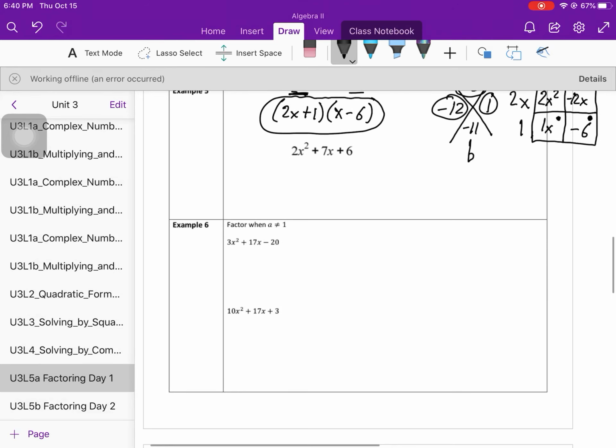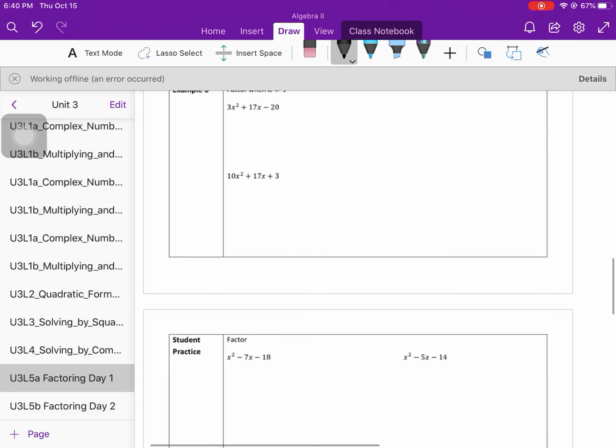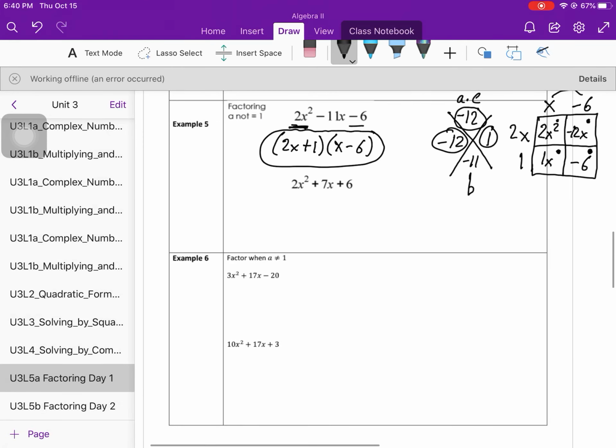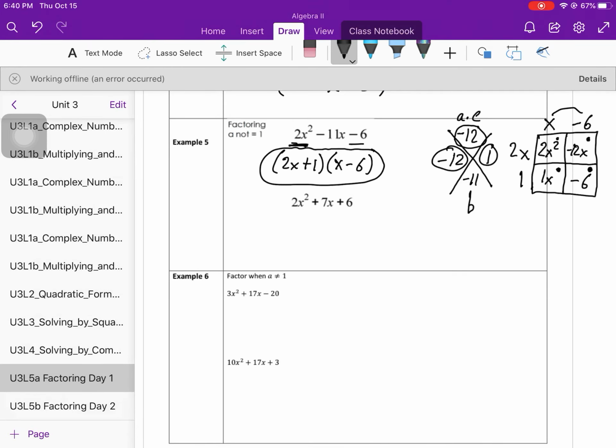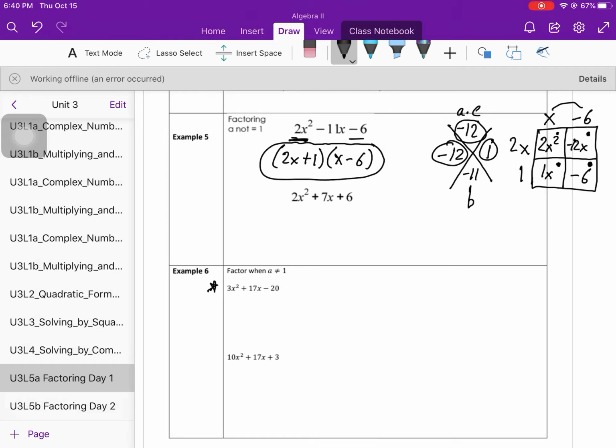Now we can use the same method for the other problems. I'm going to do one of each because I am in a time crunch. So I'm going to do the first problem from example 6. Hopefully you would have seen this in class, but you're welcome to ask me on other examples. So 3x squared plus 17x minus 20. If we do the cross-section thing again, a times c, and then this is b.